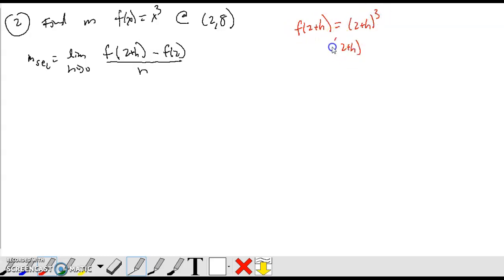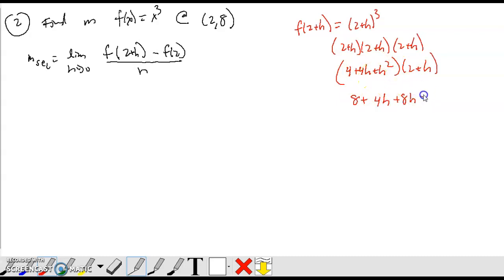So 2 plus h times 2 plus h times 2 plus h. So this will be a 4 plus 4h plus h squared, very similar to the last one. And then when I multiply this out, this will be 8 plus 4h plus 8h plus 4h squared plus 2h squared plus h cubed. Awesome. And I'll simplify it later.